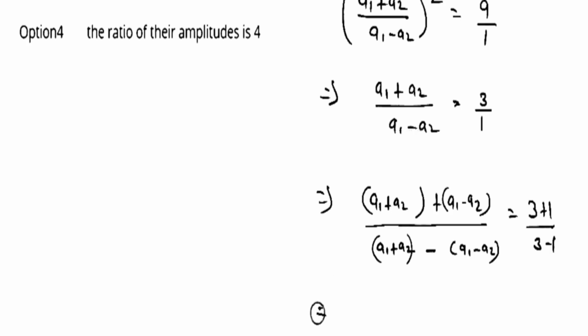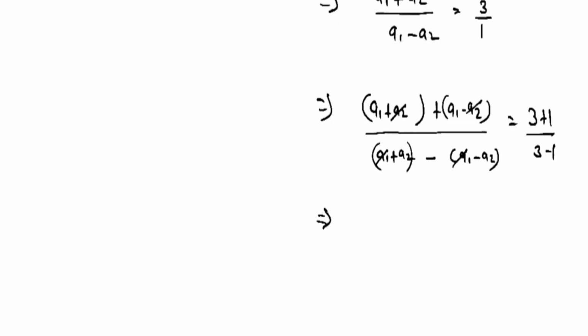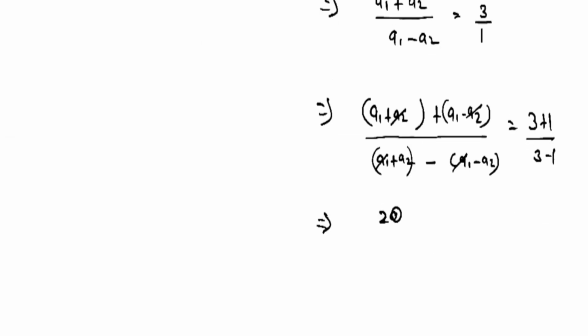The A2 terms cancel out in the numerator and the A1 terms cancel out in the denominator, so it becomes twice A1 divided by twice A2 equals 4 by 2. The 2 cancels out and it becomes 2 by 1. So A1 by A2 equals 2 by 1.